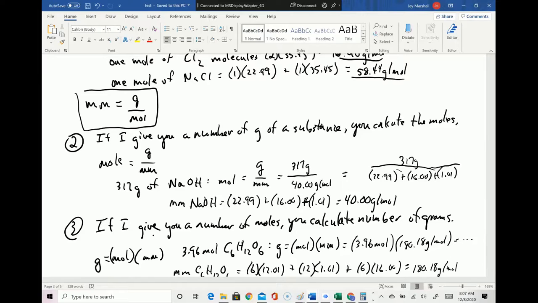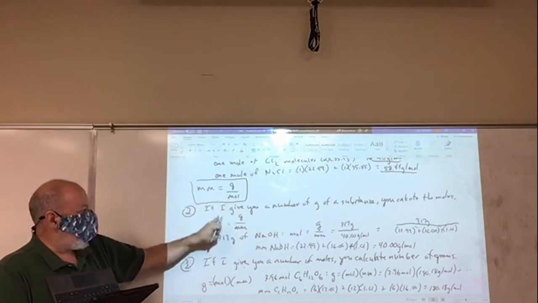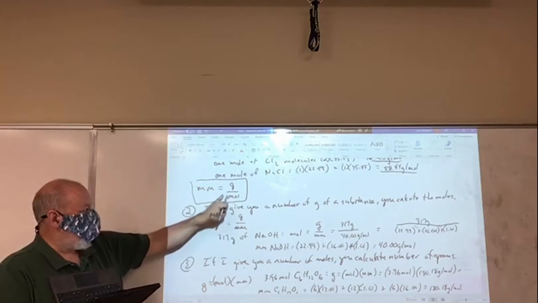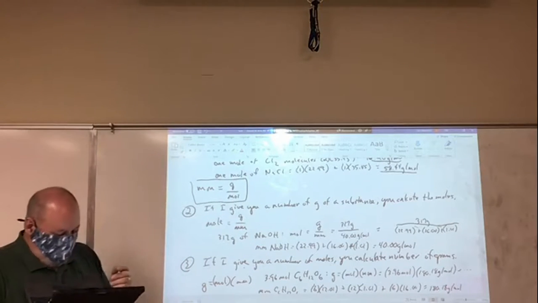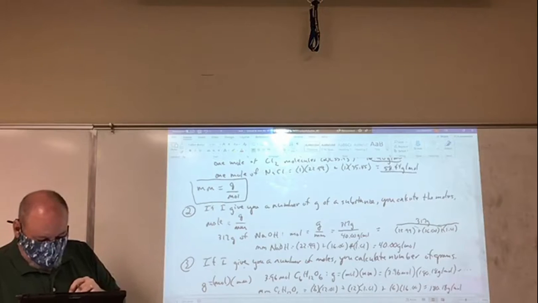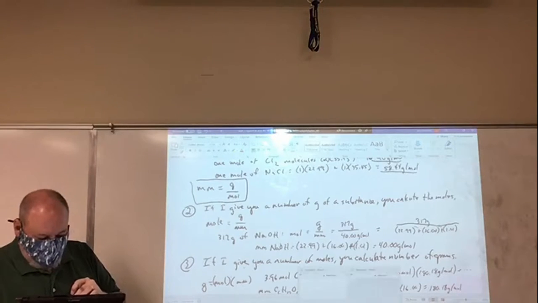But you'll have to be the one to rearrange this to calculate for other things. So if I'm asking for grams or if I'm asking for moles, you have to be the one that's going to rearrange this formula.